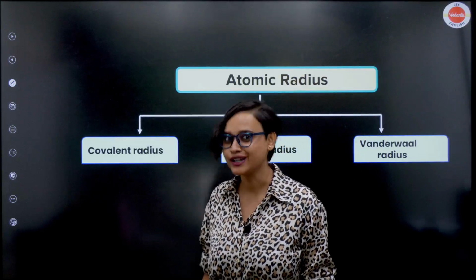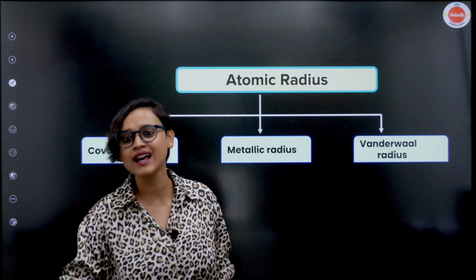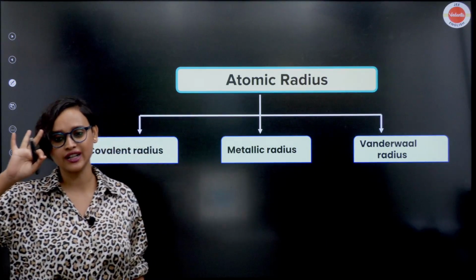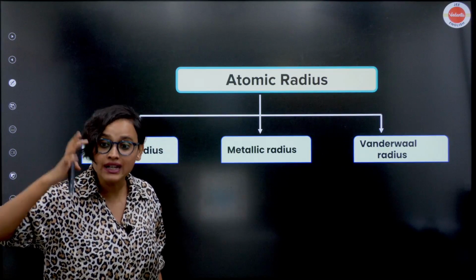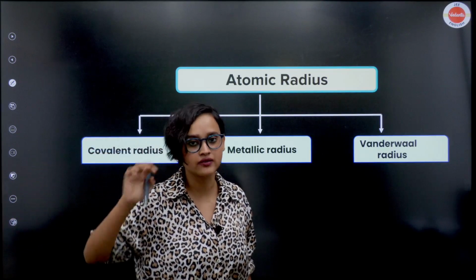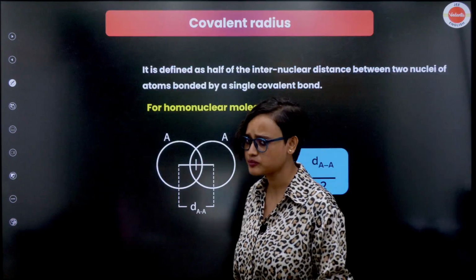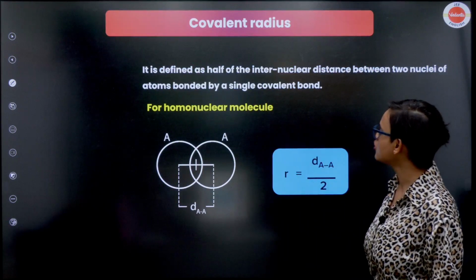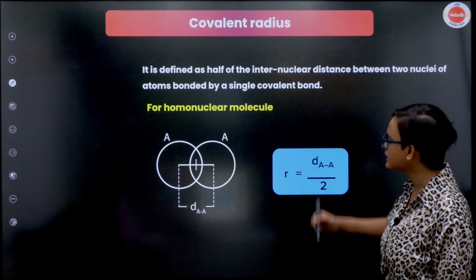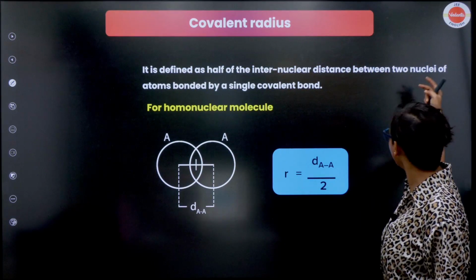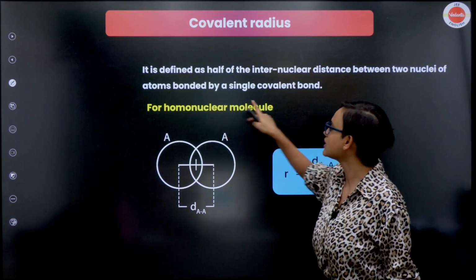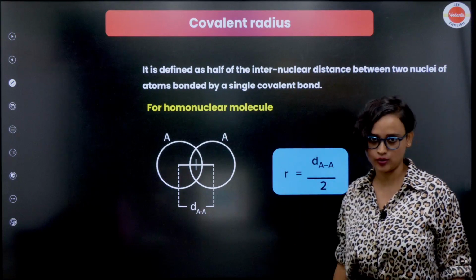But is that the only thing? No. Now atomic radius has three different types, my dear students. There is covalent radius, there is metallic radius, and there is van der Waals radius. So how do we figure out covalent radius? This is basically half of the internuclear distance between two nuclei of atoms that are bonded by a single covalent bond.